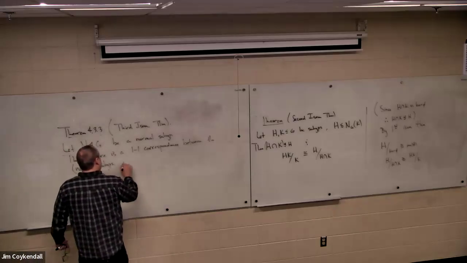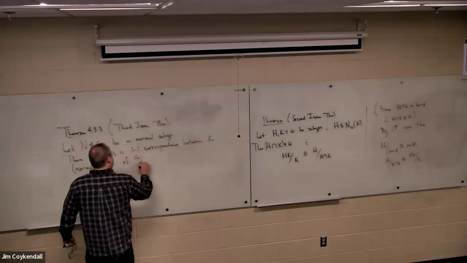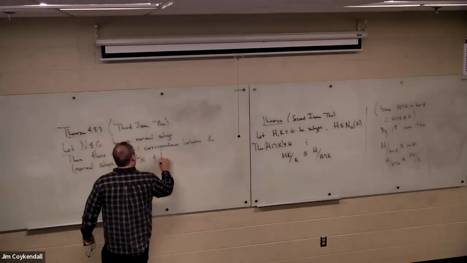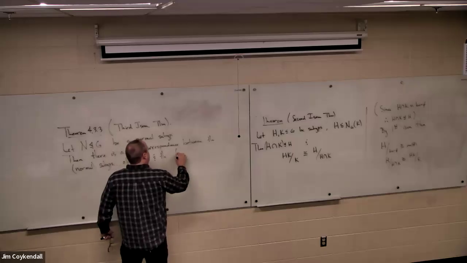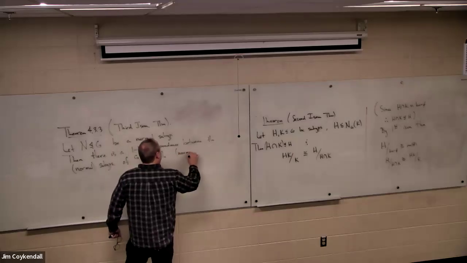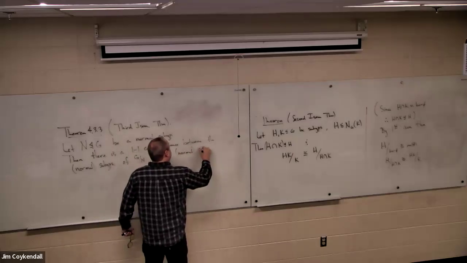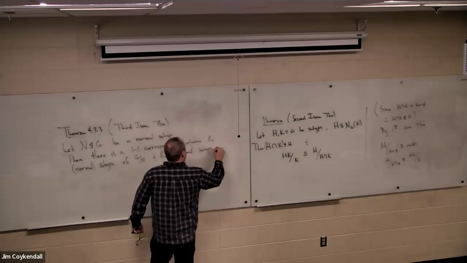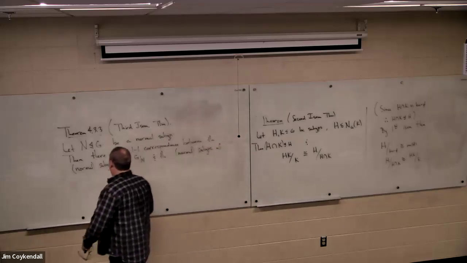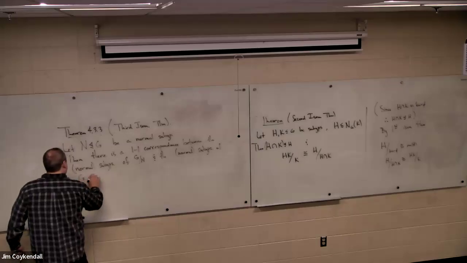Between the normal subgroups of G mod N and the normal subgroups of G containing N.